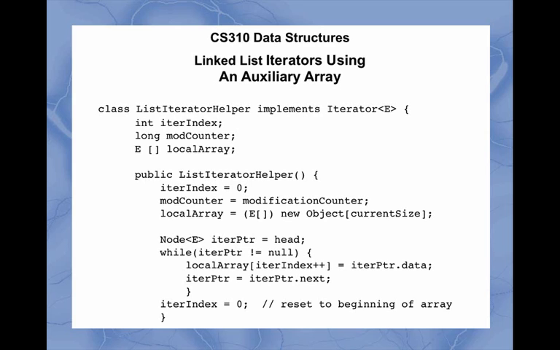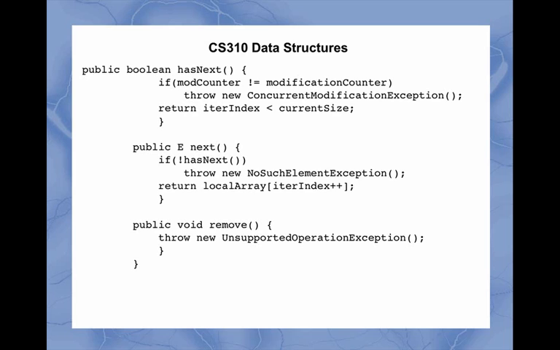We make a new array of current size and then fill that array in using the traversal of our linked list. The rest of the methods here are exactly the same as they are with array-based iterators, because we're using this auxiliary array inside the iterator class.